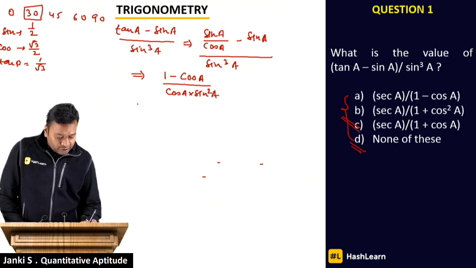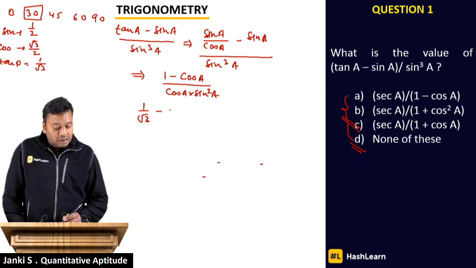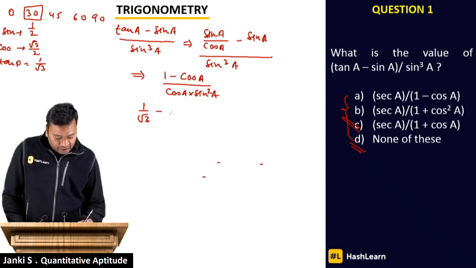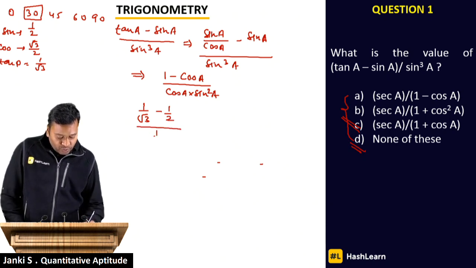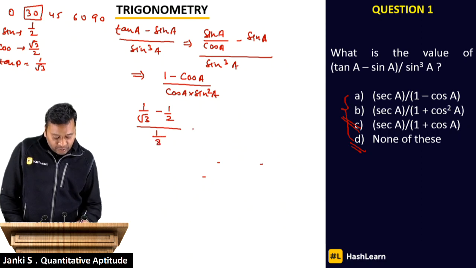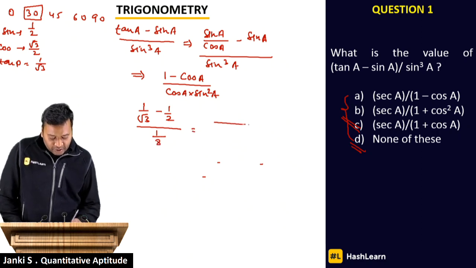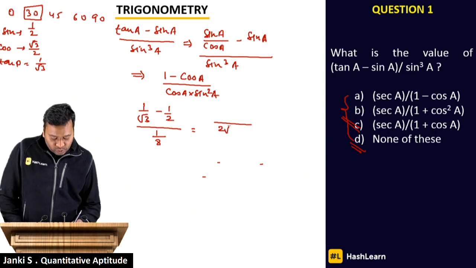So tan 30 is how much? 1 by root 3 minus sin 30 is nothing but half divided by this value is nothing but 1 by 8 will be the value. So let's solve this part. That's nothing but 2 into root 3.